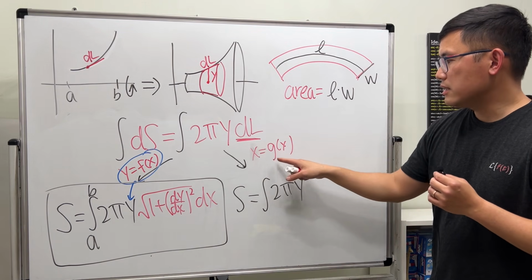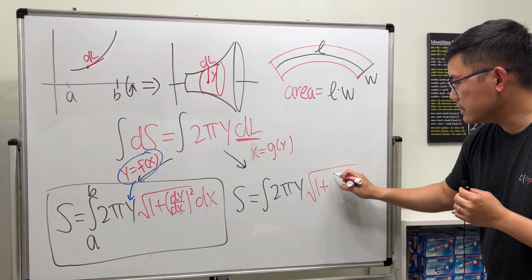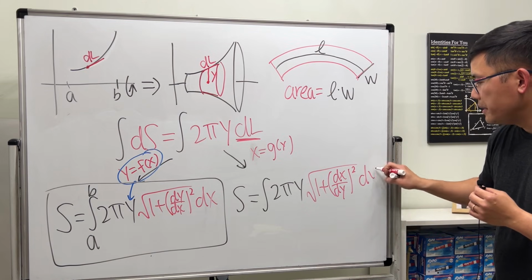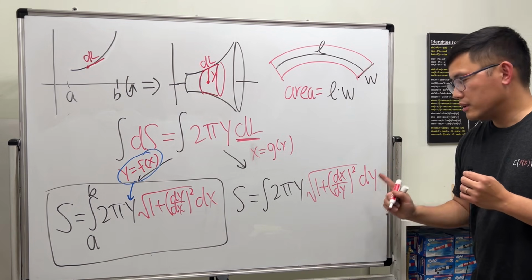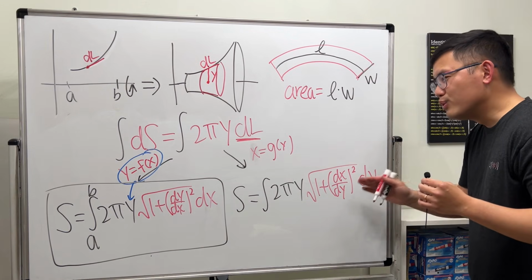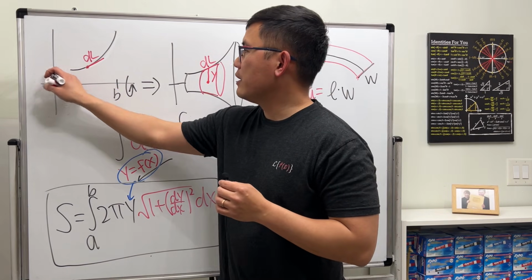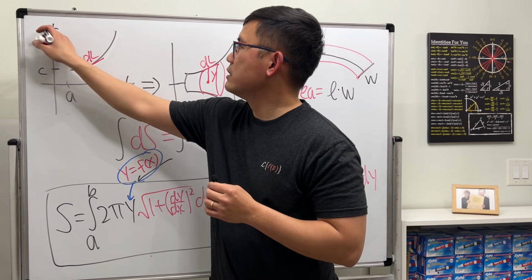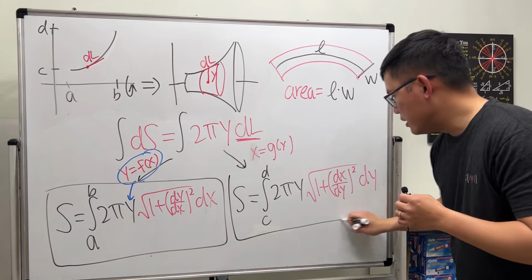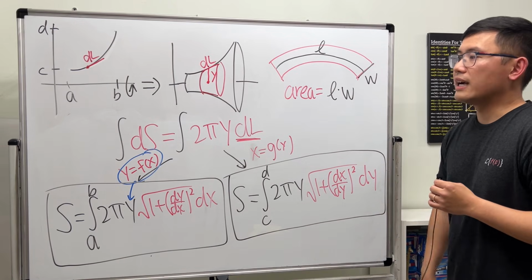But if we have x as a function of y, we will multiply by the square root of 1 plus (dx/dy) squared, and we will be in the y world. Now have a look. We are in the y world. Y is okay, so you don't have to make any change. And because we're in the y world, we have to go back here and see the y values. Let's say it goes from c to d. And this right here will complete the formula for that.